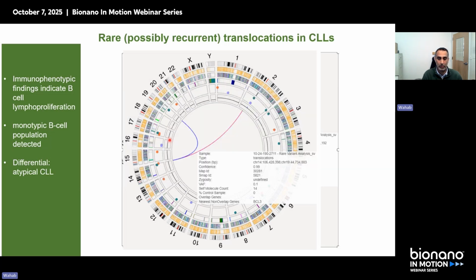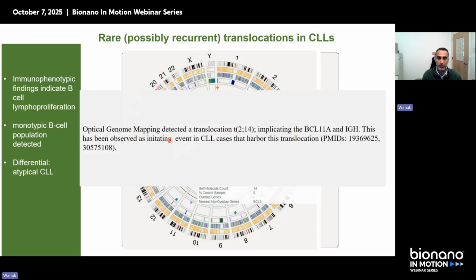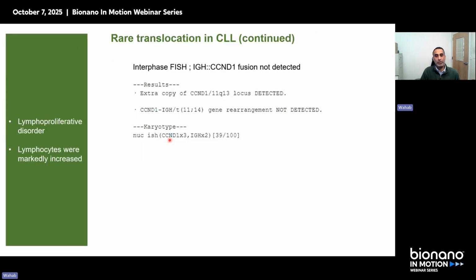So it was nice to be able to go from here to arrive at some of the gene level information. This was another case in CLL where we were able to pick up another rare event where CCND1-IgH rearrangement was negative. That was being suspected, and other probes on this panel for the FISH were negative.